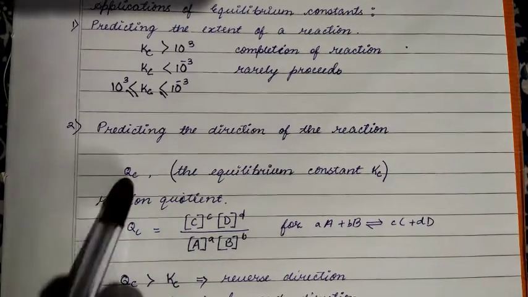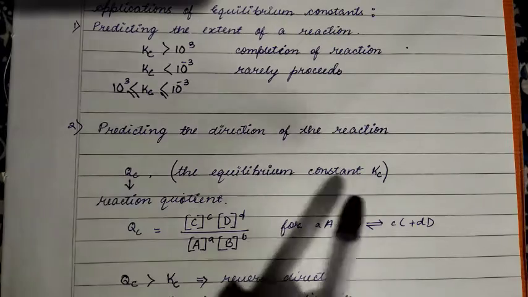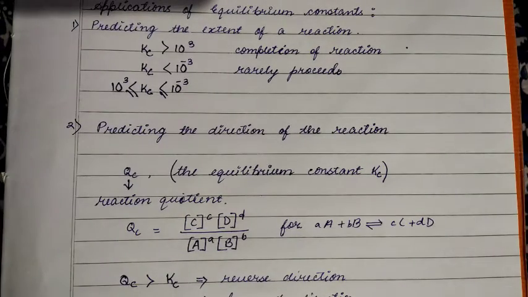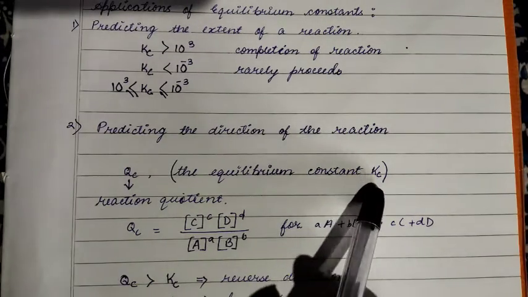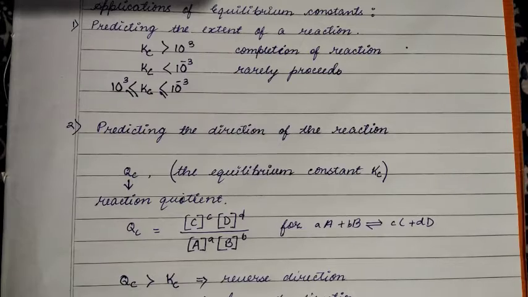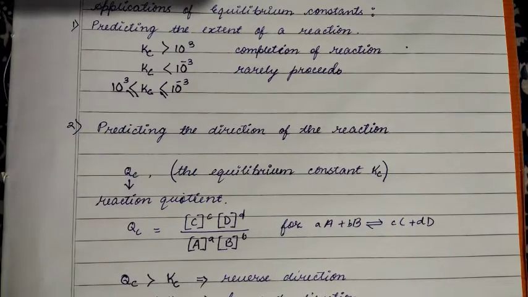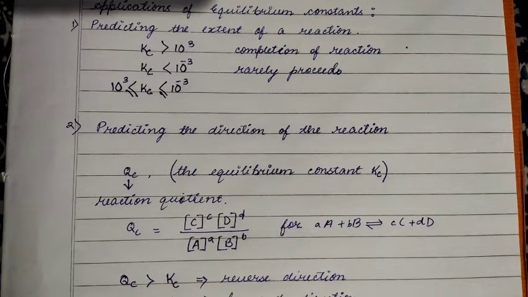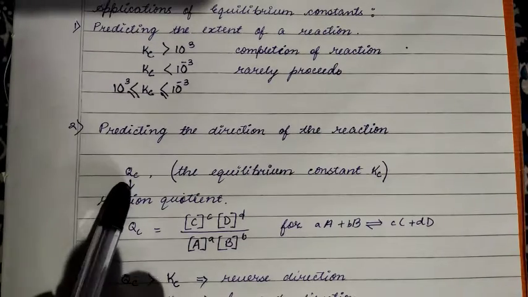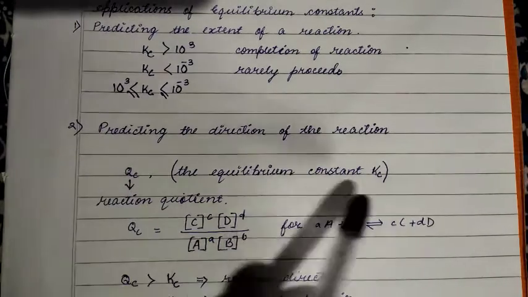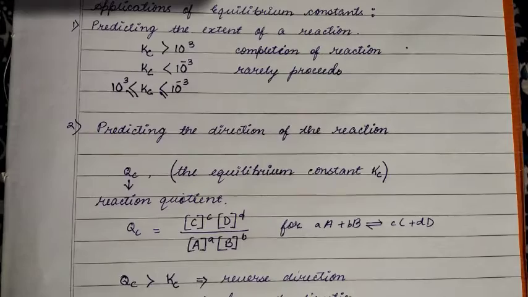Clear? So this is similar to Kc, but there is a slight difference: the equilibrium constant value is obtained when the reaction has attained equilibrium, but the QC value can be obtained at any interval during the whole course of the reaction. Right from the starting up to the end of the reaction you can calculate QC, but QC becomes Kc when the reaction is at equilibrium.